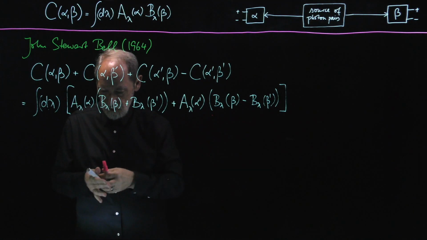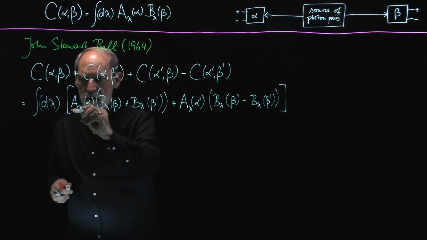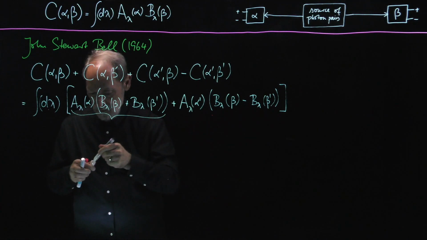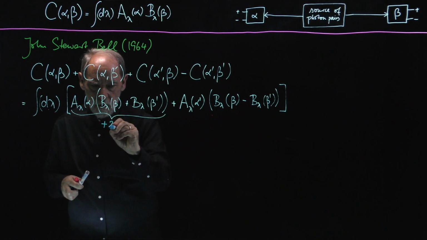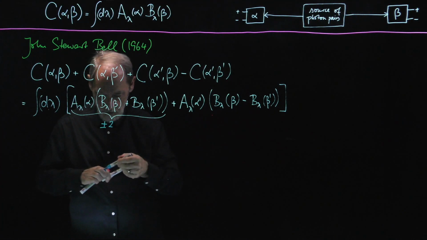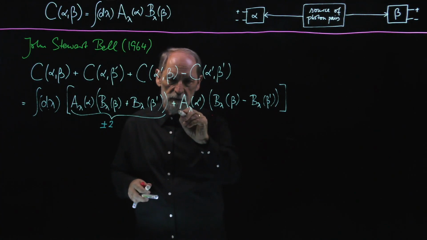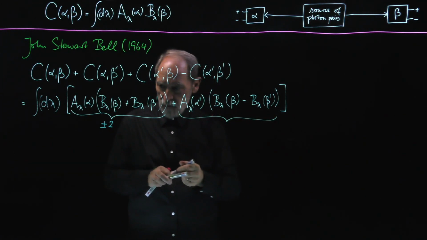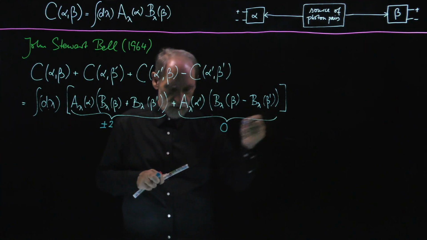The whole product is plus 2 or minus 2 when the two B's are the same. But in this case, over here, we subtract the two B's, and that's the same value twice. So we get 0 for this combination.